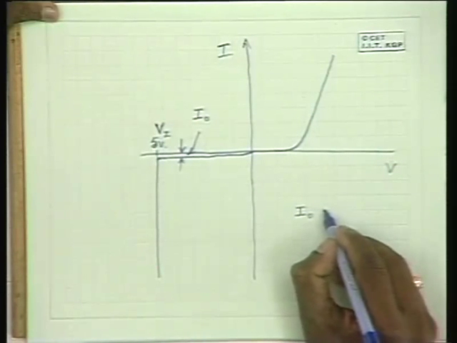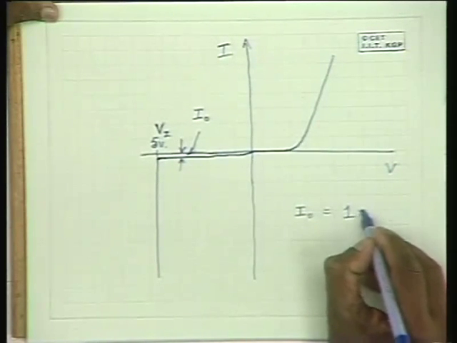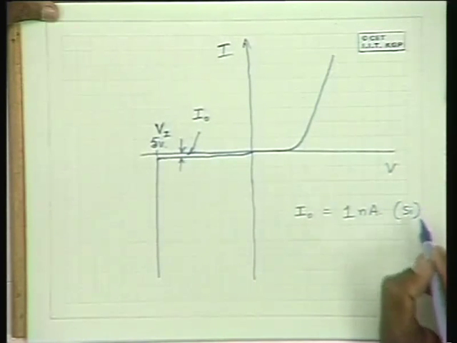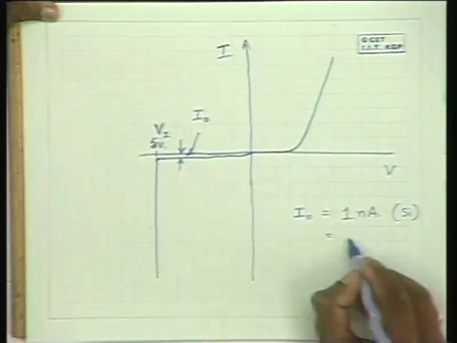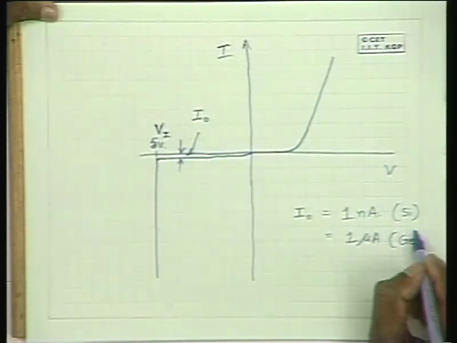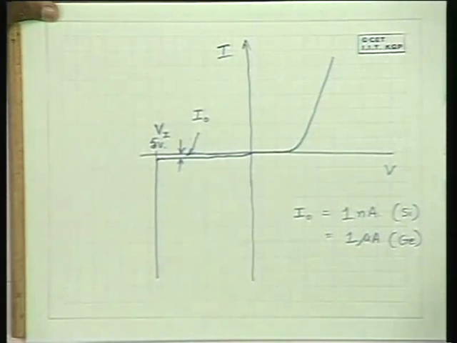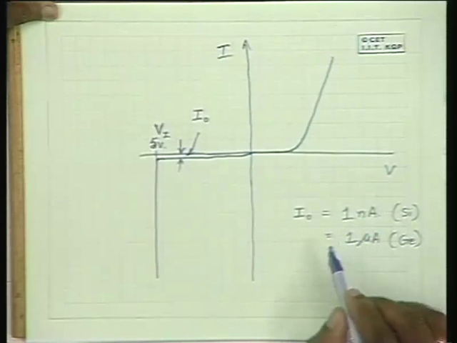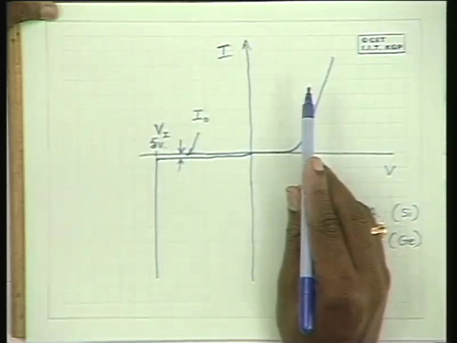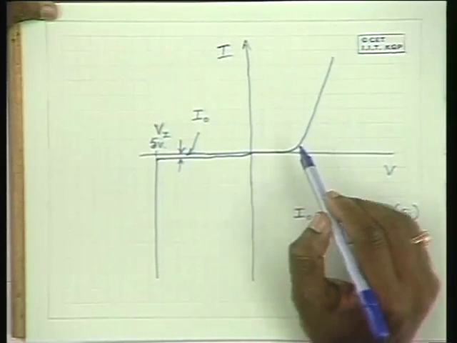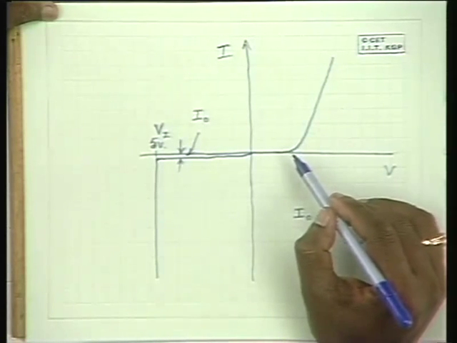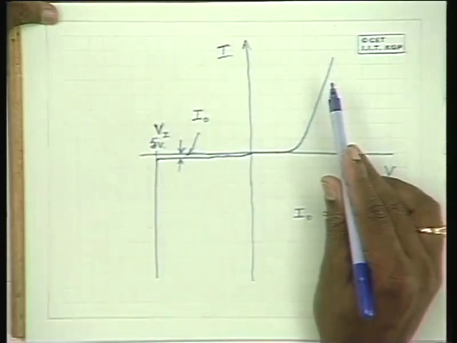It is of the order of a nanoampere in the case of silicon diodes, and of the order of a microampere in the case of germanium. So this is the reason why with a low voltage itself germanium gives rise to an appreciable amount of current, whereas in the case of silicon it needs a little higher voltage than germanium to give a high amount of current.